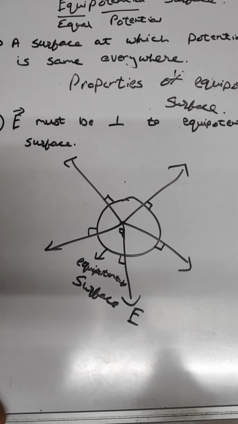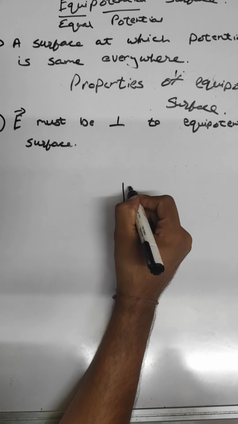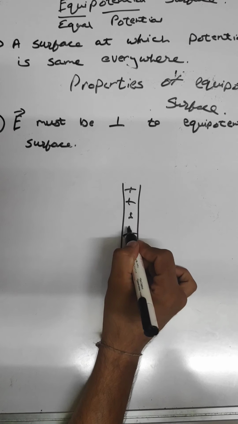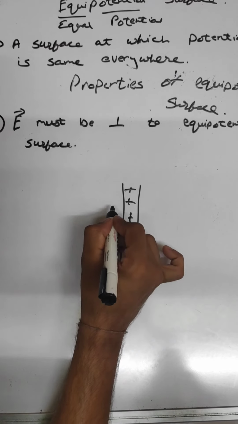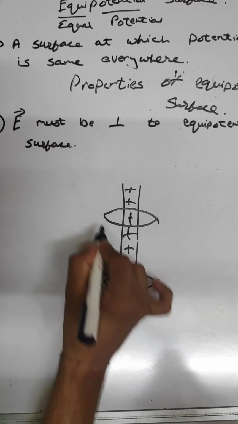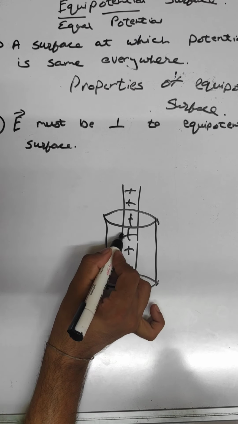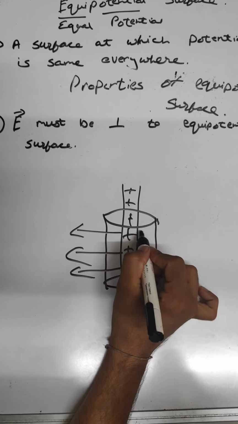Taking the example of a cylinder also, suppose this is a line charge. Our equipotential surface is this, and the electric field lines coming out will always be in this direction.